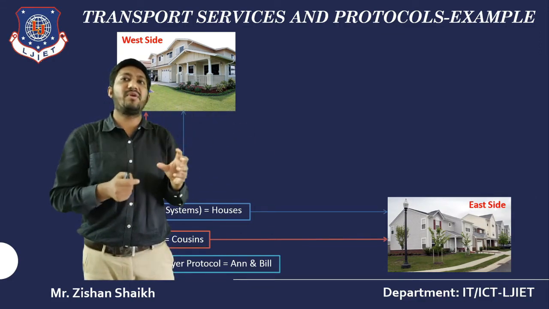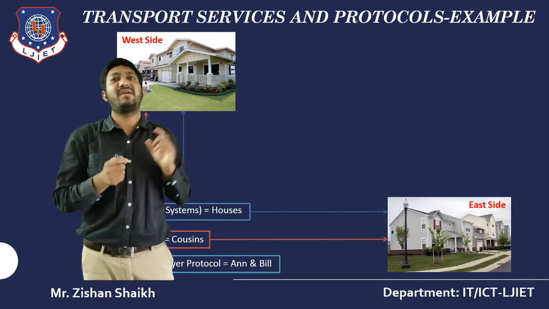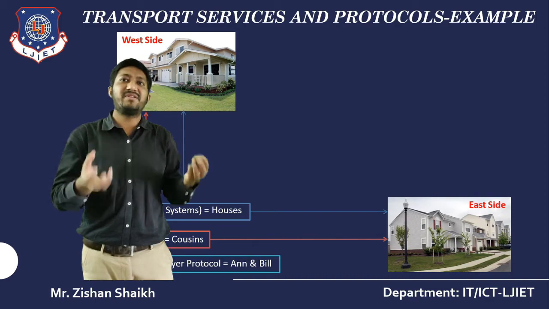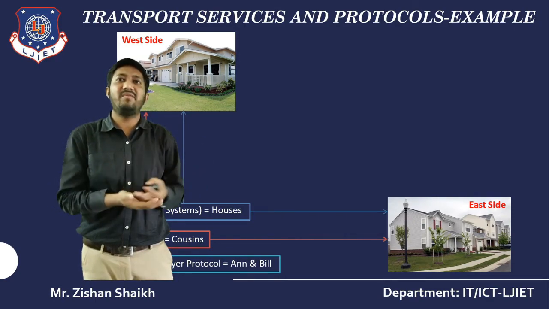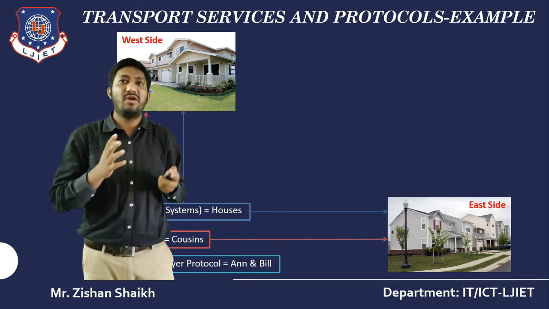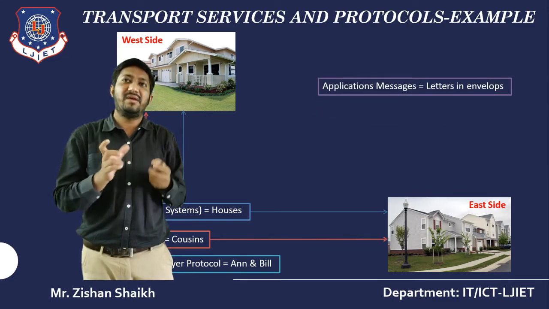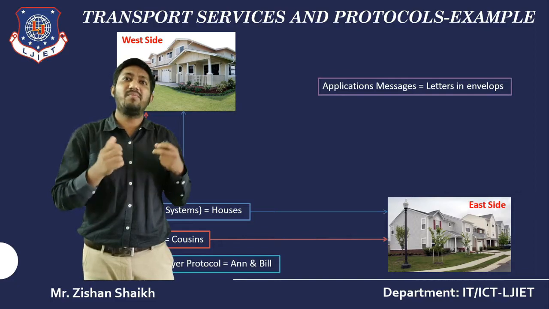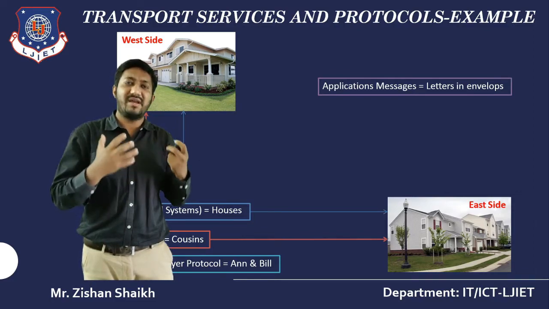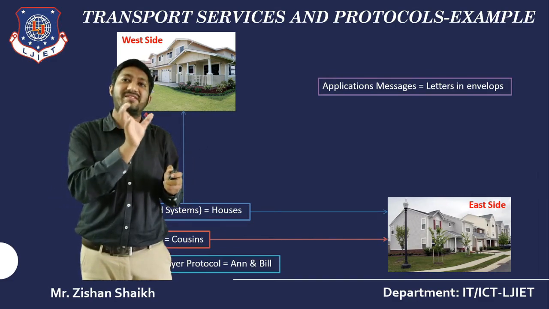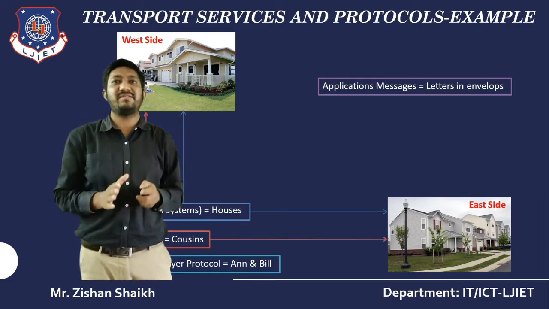So where are the transport layer and network layer performing their tasks here? For that we require some person to transfer the data, and one service is available, that is your postal service. So here, application messages, a number of messages, a number of letters in envelopes, we can say that these are our application messages.